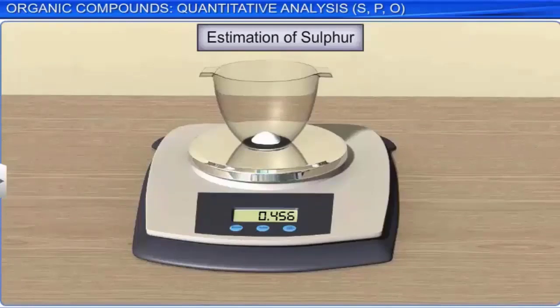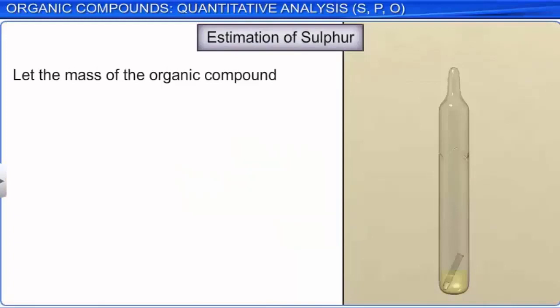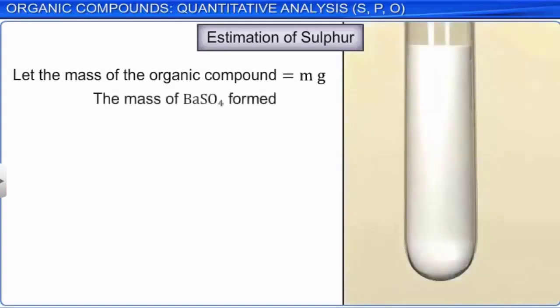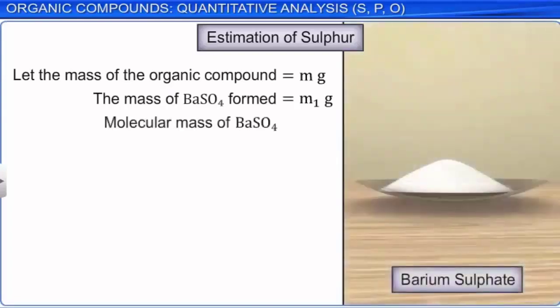Let the mass of the organic compound taken be m grams. The mass of barium sulfate formed is m1 grams. We know that the molecular mass of barium sulfate is 233 grams, and the amount of sulfur in 1 mole of barium sulfate is 32 grams.